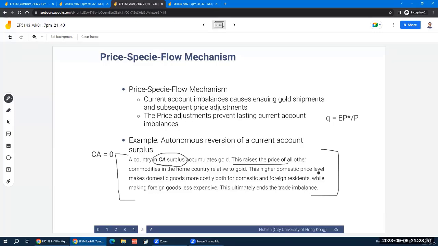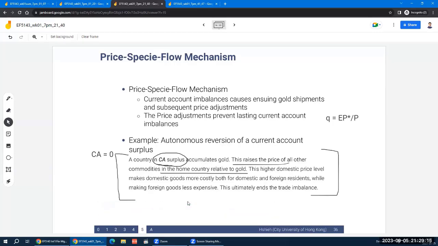Because your goods are cheaper. But when people want to buy things from you under the gold standard, they have to bring gold to your country, and that's going to cause inflation, right? So prices are going to rise in the home country relative to gold. Agree? All right, so what happens next?